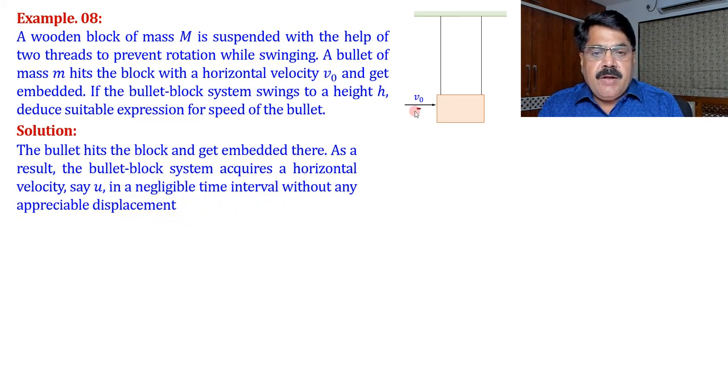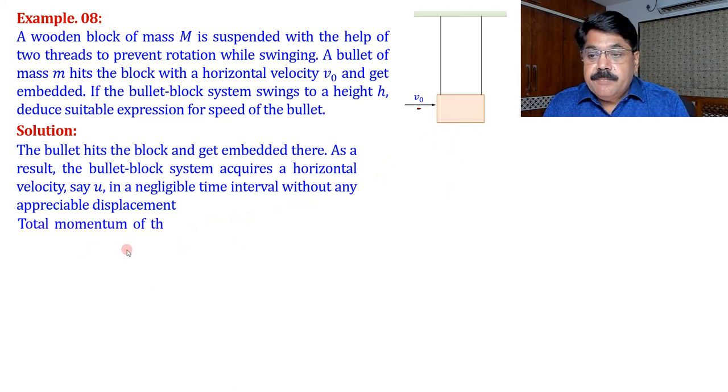During the process in which the bullet pierces and gets embedded, in that small time interval, the block acquires a finite velocity but the time duration is negligible, so the displacement is negligible, and the height raised by the block will be negligible. So we can neglect that process.